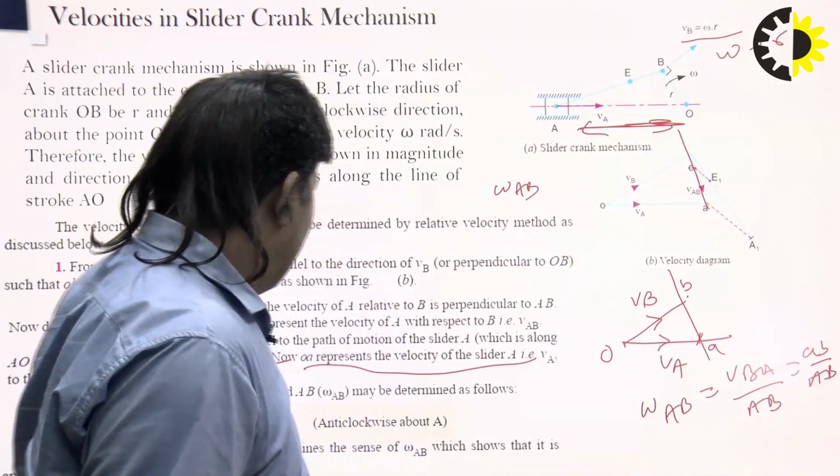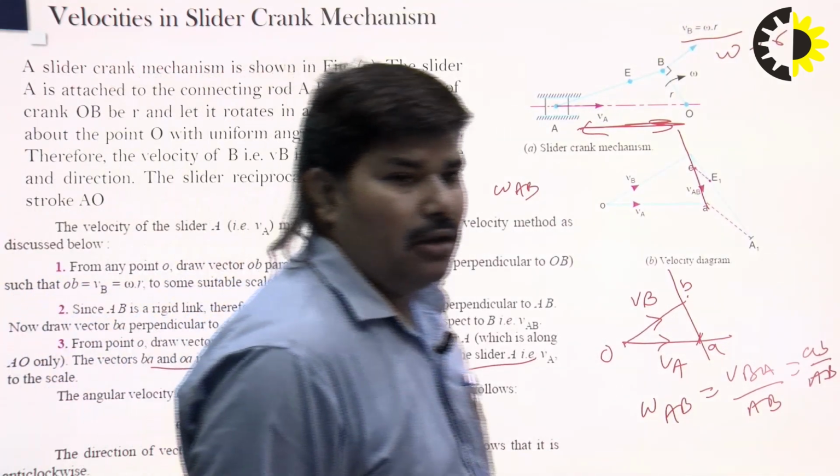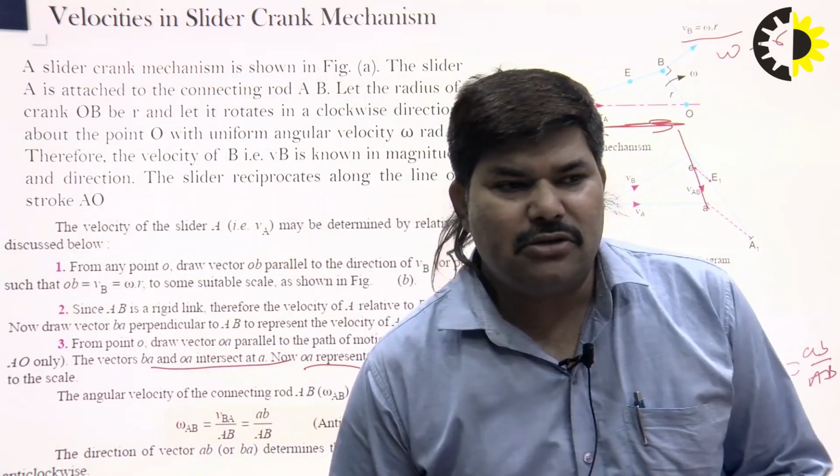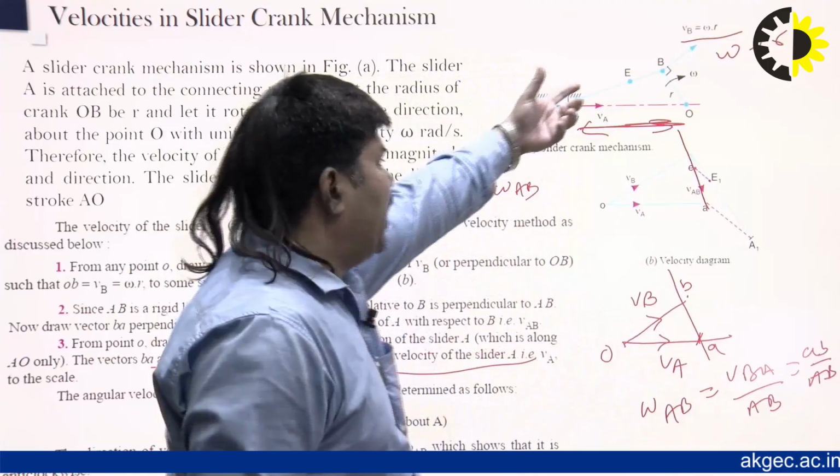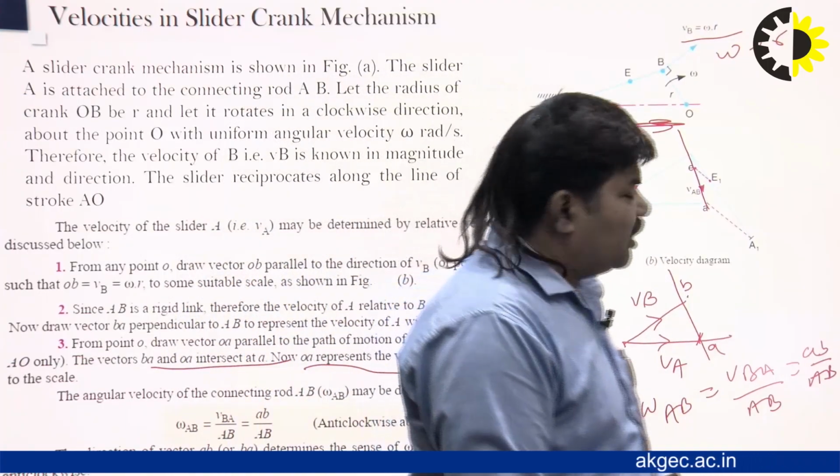And we can see that the direction of vector AB or BA is basically anti-clockwise. So you can find out the angular velocity of this link, right.